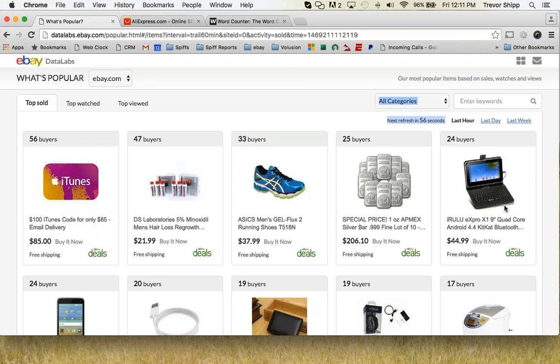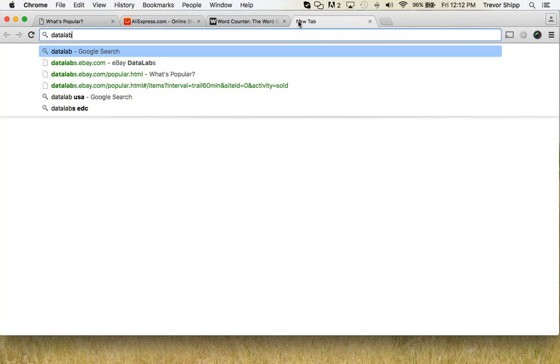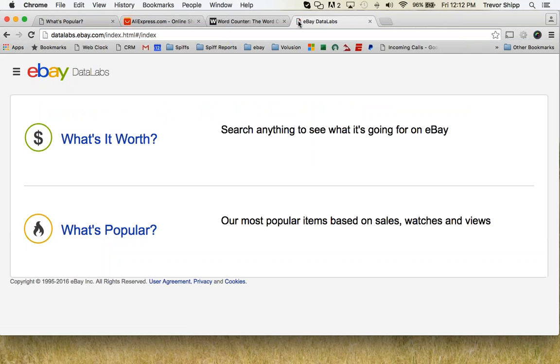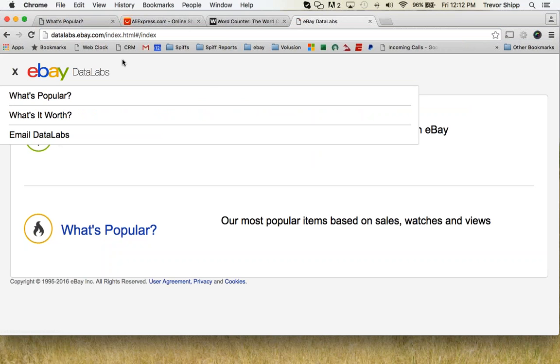Peter asks, is there a way to see online all the features Data Labs has? There is. I think it's datalabs.ebay.com. Let me just check real quick. Actually, no, that takes you just to this screen right here.